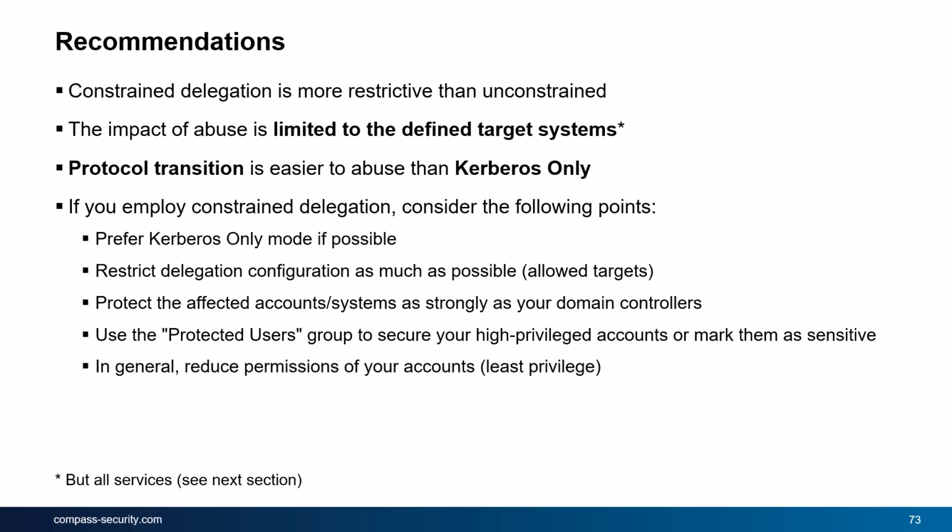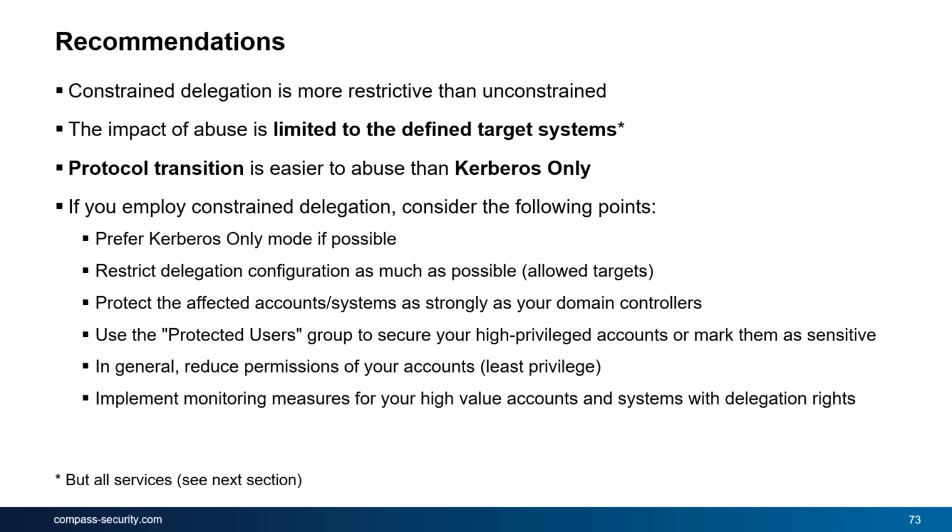Then in general, it's also a good idea to reduce the permissions of your accounts overall, following the least privilege principle. So when an attacker is able to abuse an account, they gain as little as possible from that. And then lastly, there are also monitoring measures that you could consider implementing, especially regarding your high value accounts and the systems that are configured with delegation rights.